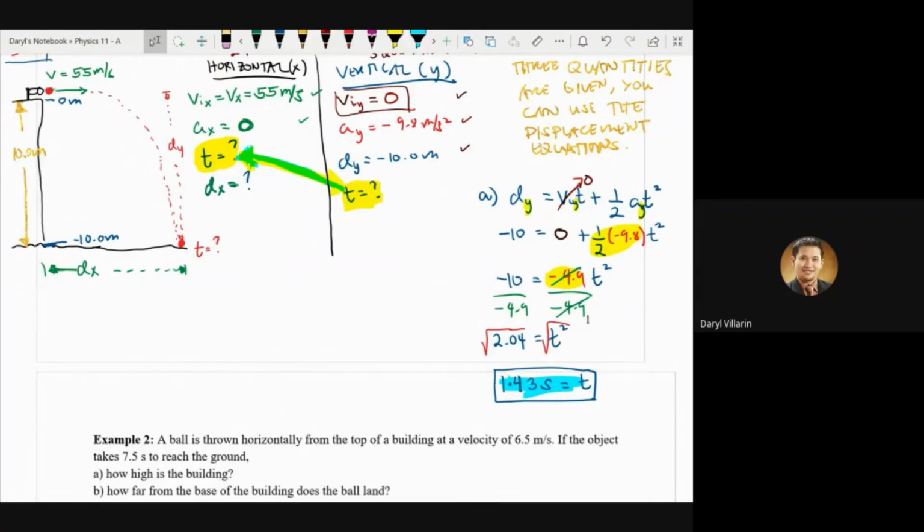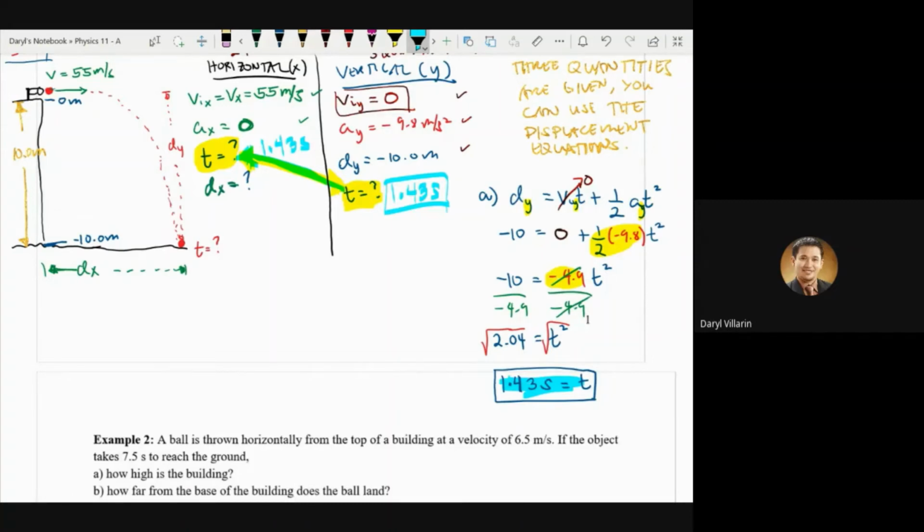So I can use that. This is 1.43 seconds also. You have 1.43 seconds as your answer for how long it takes to reach that position, a downward displacement of negative 10 meters.